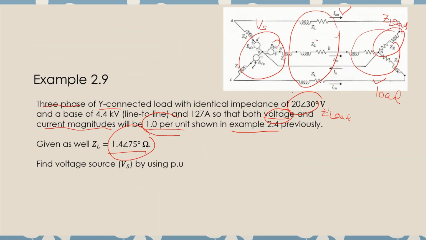Let's calculate for I actual PU. I actual PU is I actual divided by I base. We calculated that I actual, and again remember, from the question we need to maintain the current as 1 per unit, because the question asks so.